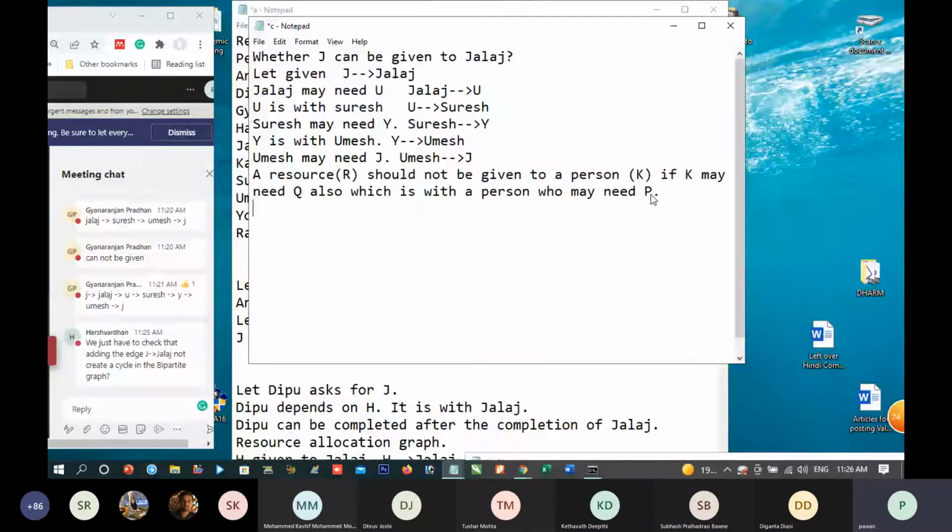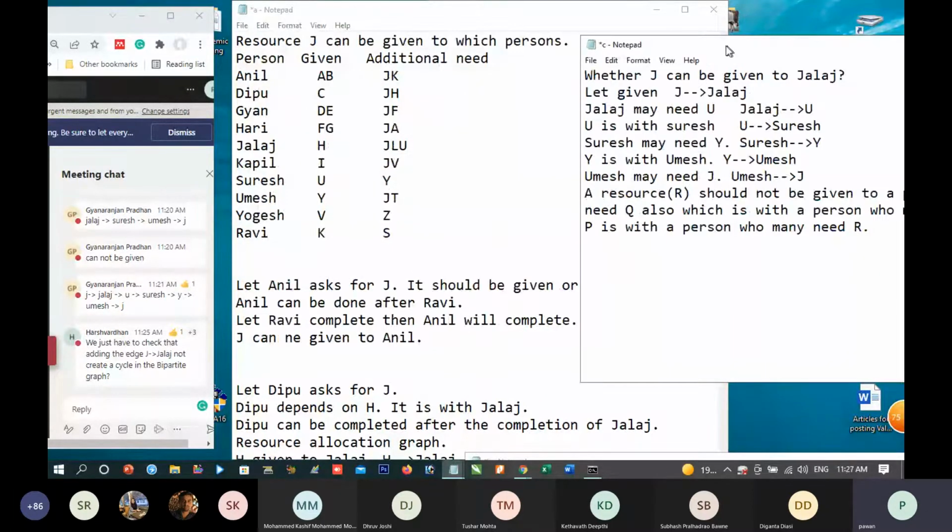Why do we call it a bipartite graph? One of them is resources, one of them is person. Yes, fully correct. Harshvardhan is correct. This is what should be the answer. Is this all right to you? Any doubt?